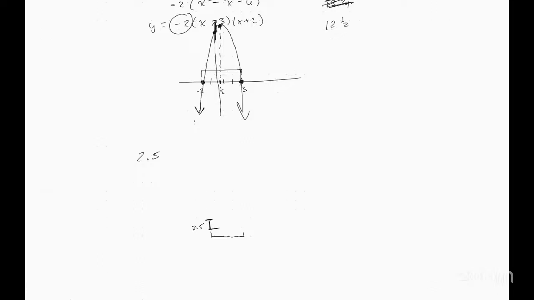We're assuming it's a... So he starts here at 2.5. That's the y-intercept, 2.5. And I'm assuming he goes up in the air and comes down, right?